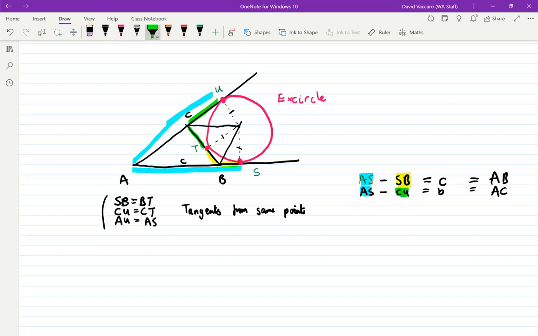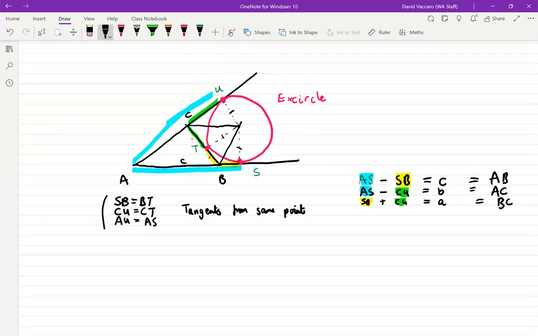And then the other thing I can do is say that my yellow length, SB, plus my green length, CU, okay, if I add my green and my yellow, I make A. Okay, because a green and a yellow length together make BC.